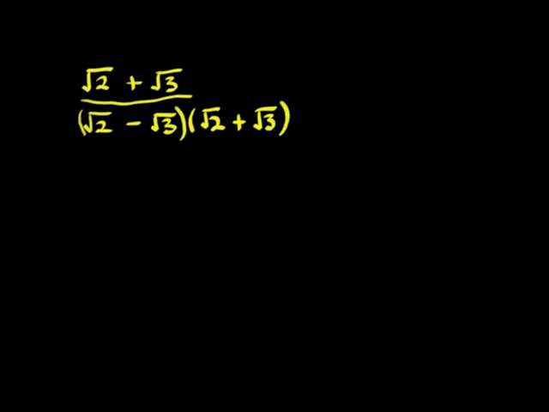So we use that to also multiply the numerator, and this gives us root 2 plus root 3. The same rules apply. So in doing that, we can open up the brackets now. At the numerator, root 2 times root 2 gives us root 4.